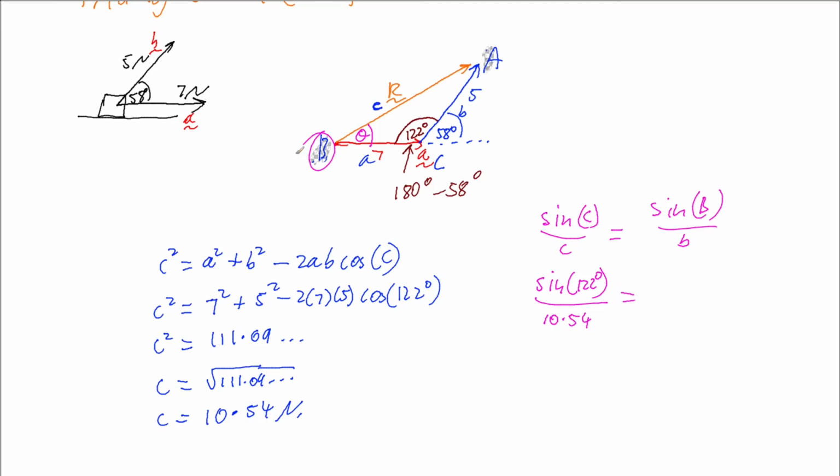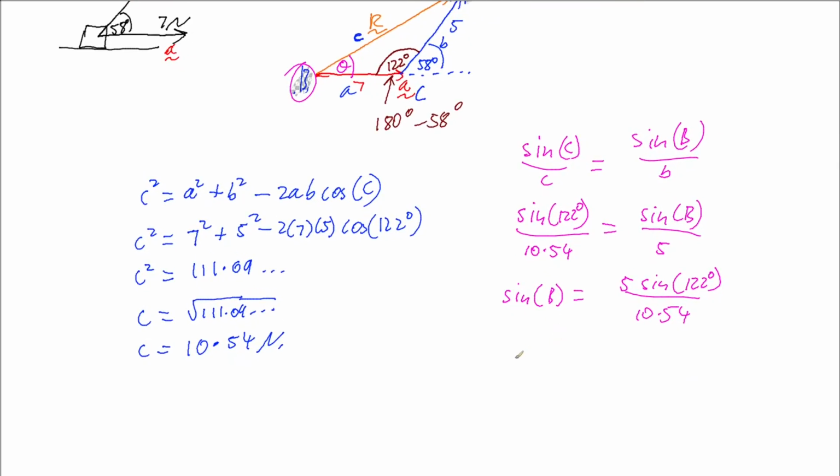And sine B, well, that's what we're trying to work out. We don't know B, over side B, which was 5, which means that our sine of angle B is going to be 5 sine 122 over 10.54.